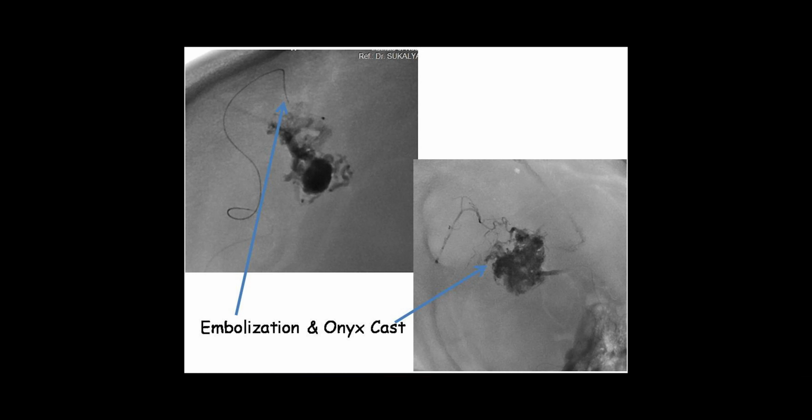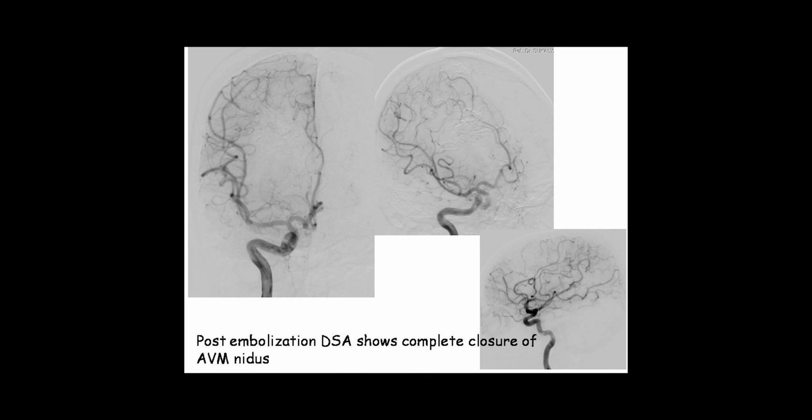In this slide you can see a tiny catheter which has reached the AVM site, and we have blocked the whole AVM with a special material called Onyx, or sometimes we also use other materials like NBCA or glue. In this slide you can see that the whole AVM has completely gone, and the angiogram, the DSA, looks completely normal.